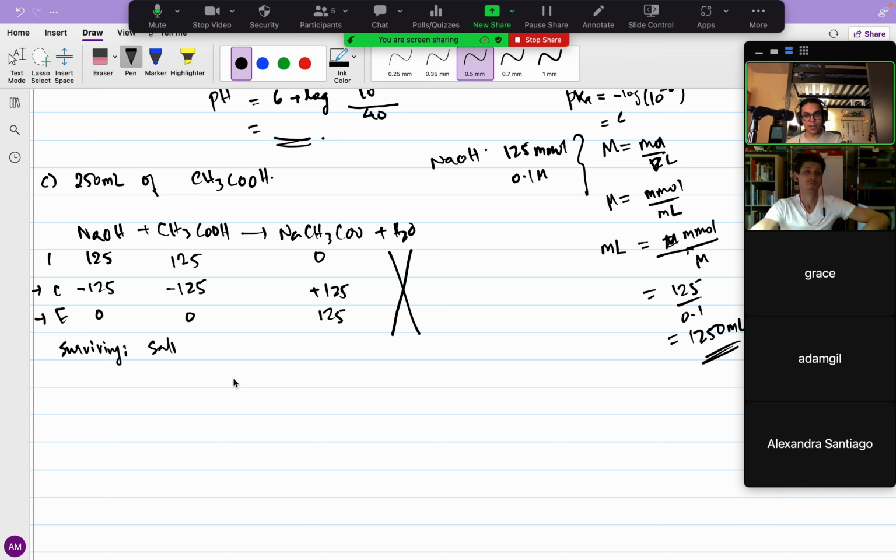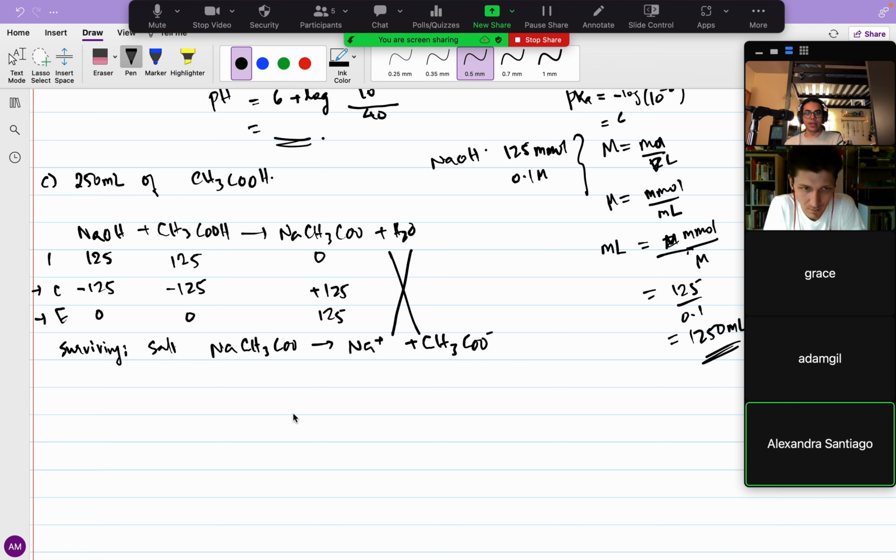And what part of the salt is important? This breaks up into Na plus and CH3CO minus, right? Which of these is neutral is basically what I'm asking.